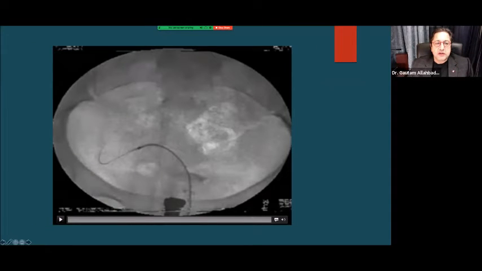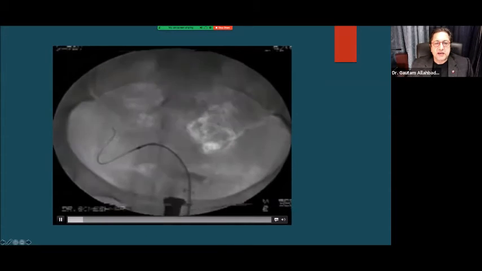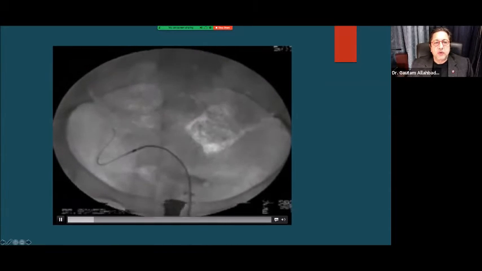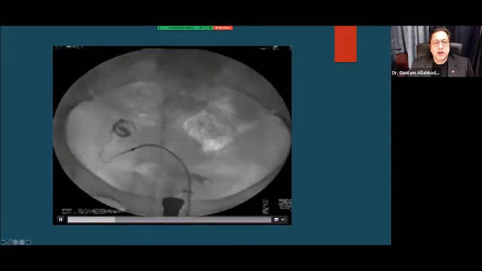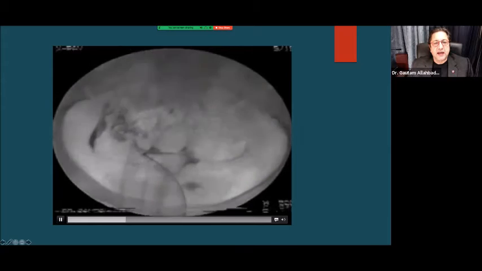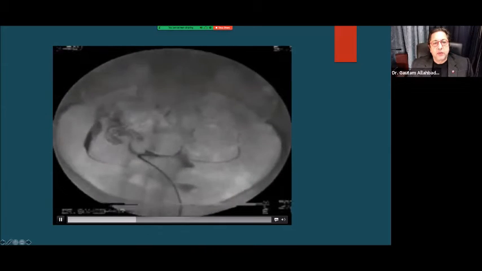So the first video is using X-ray fluoroscopy, where you put in a catheter into the internal tubal ostium and then inject the dye and force it open with pressure.